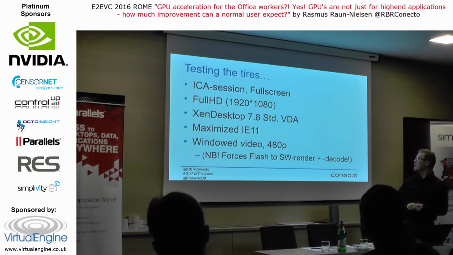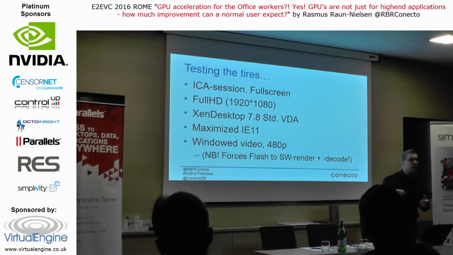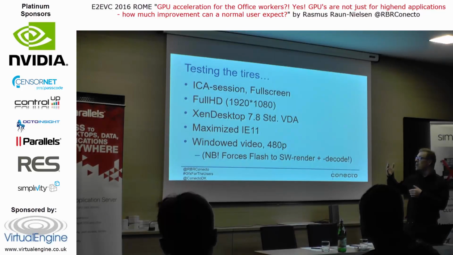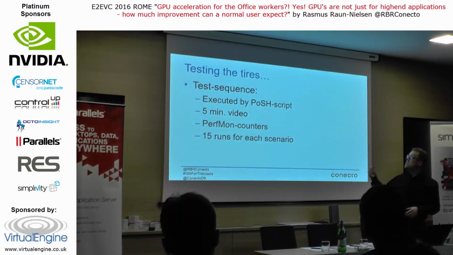Some things to note is that when we are windowing the YouTube, then Flash is forced to software rendering instead of hardware rendering. So, well, I believe that would mimic user behavior more. Again, the test sequence was executed by the PCMark scripting. It was a 5-minute video, and I can give you the link if you want to test yourself.